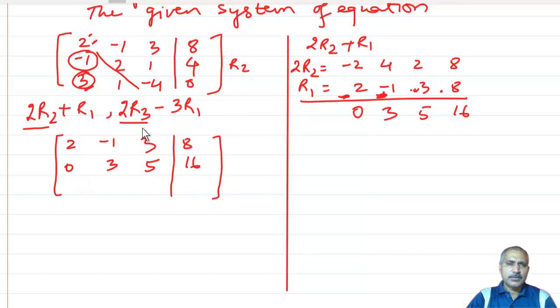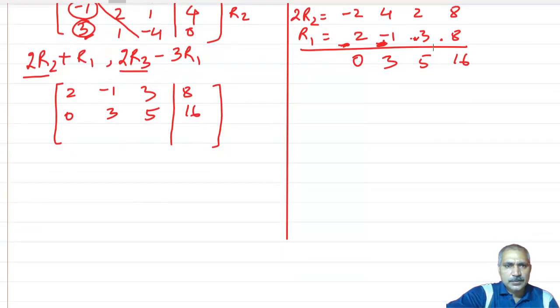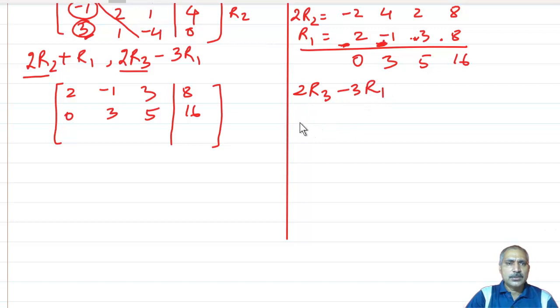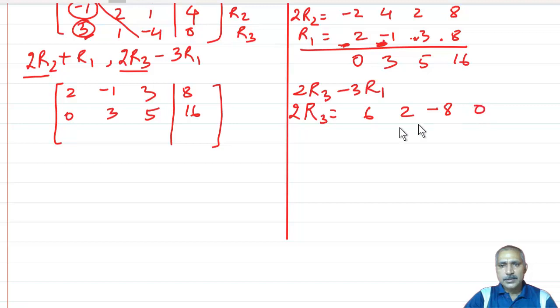Now we will do the second operation. The operation is 2 times R3 minus 3 times R1. Taking the R3 elements, we multiply by 2, it will become 6, 2, minus 8 and 0.